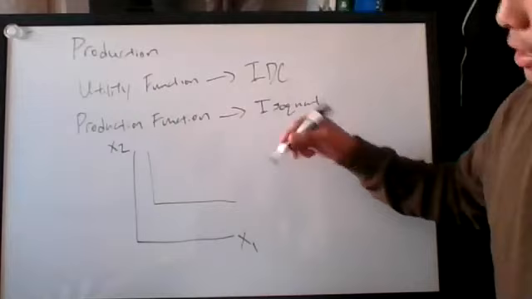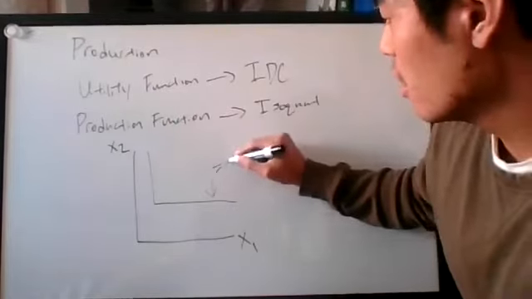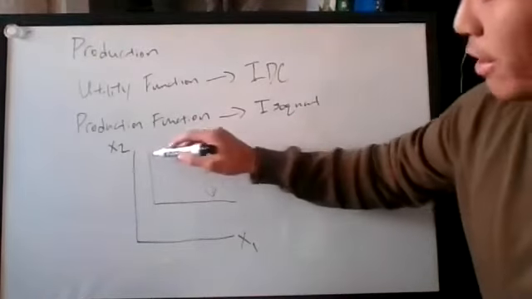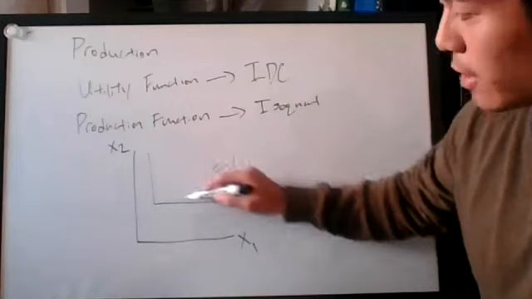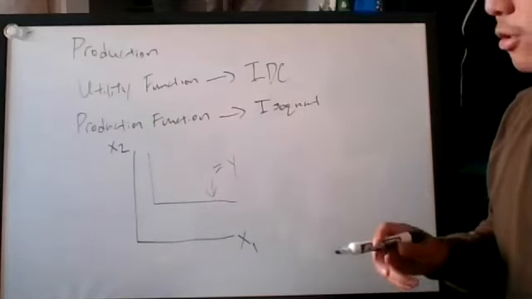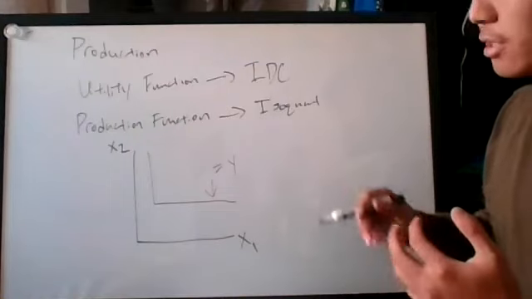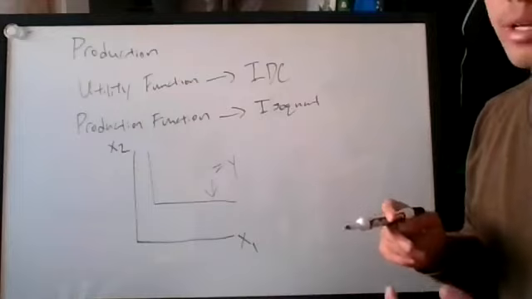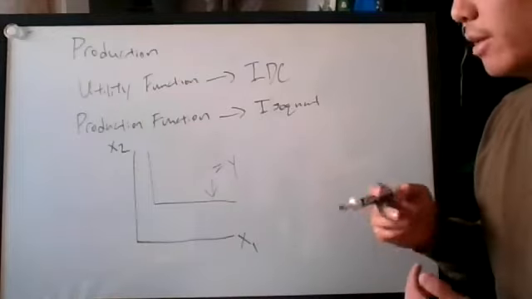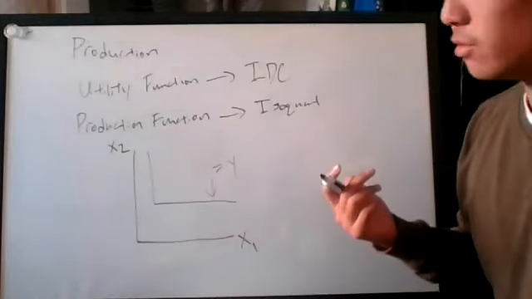But basically the idea is that everything along this curve is equal to y, meaning that no matter where you are on this isoquant, we're producing the same amount of output. And because of that, we're going to have a similar notion of the marginal rate of substitution, which was the slope of our indifference curves.